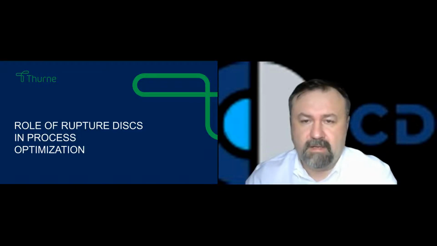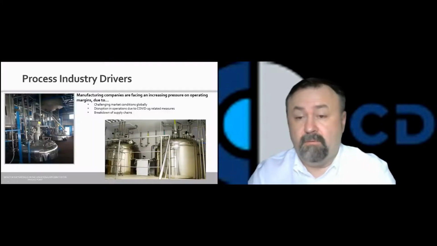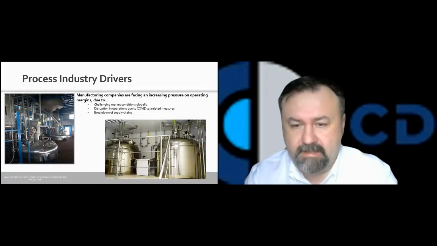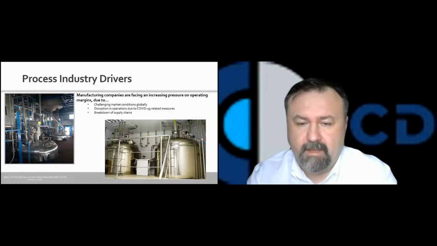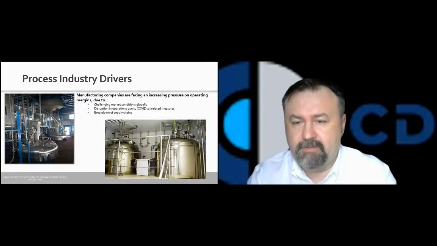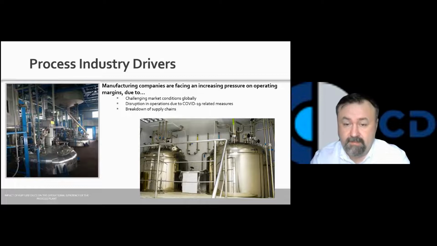But let me start with why we are talking about this aspect beyond safety. We've all been facing quite a lot of challenges since the beginning of the pandemic. We are a manufacturing business as well, so we're facing the same challenges as our customers and our supply chain, and your customers as well.